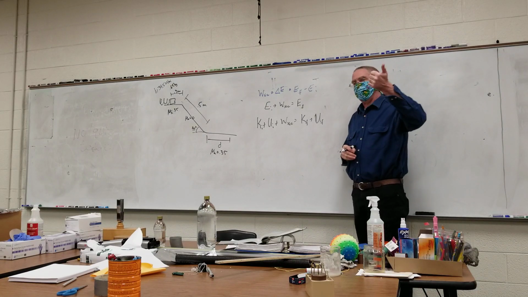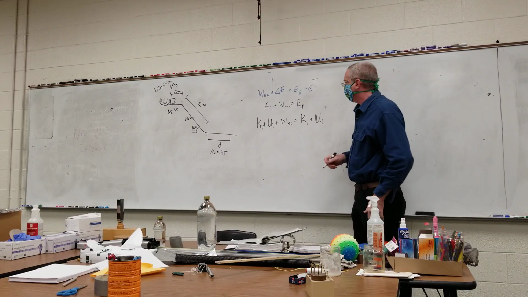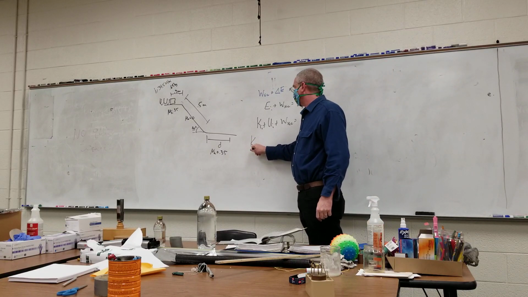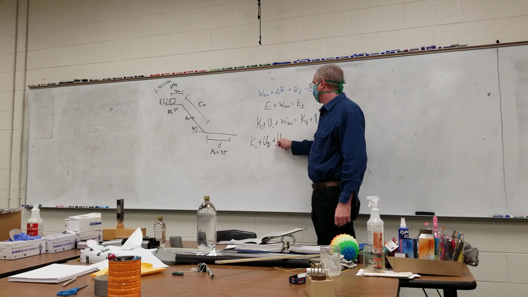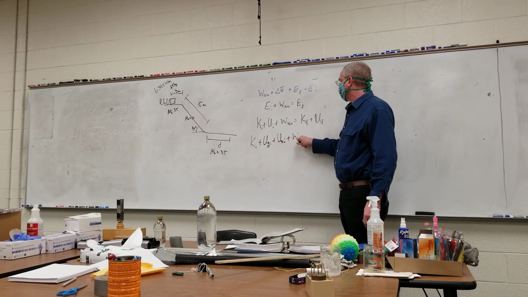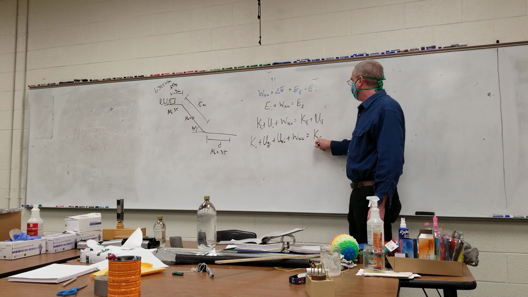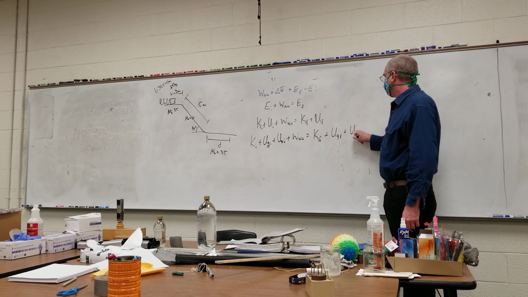Okay, so we have that one because weight's involved, and the other one, elastic, because we've got a spring involved. So we have two types of potential energy here. So we have K initial plus U gravitational initial plus U spring or elastic initial plus non-conservative work is equal to K final plus UG final plus US final.